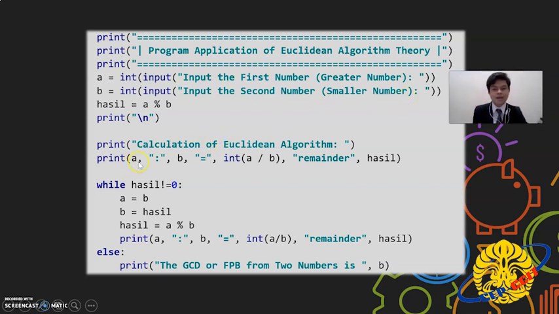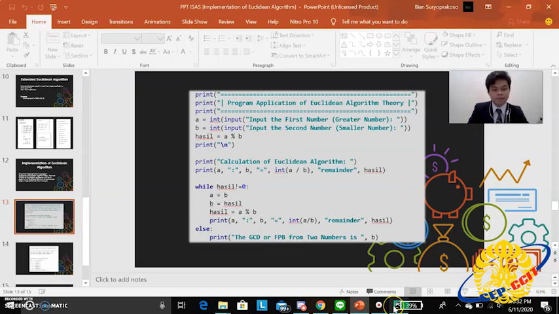Okay, A, and after you enter the numbers, the program will calculate it. A colon B equals A divided by B, remainder. So, okay, let's move to PyCharm.